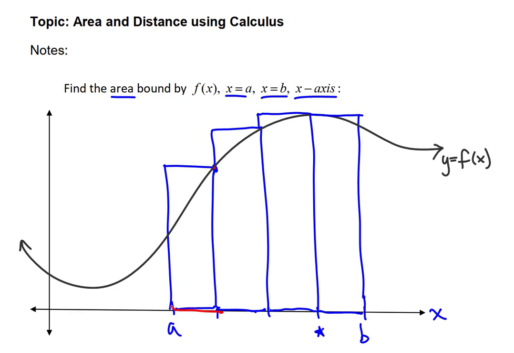So from A, I'll go straight up until I hit the function, stop there, and then go over to make a rectangle, and then finish going down for that first interval. So now the estimate for the area is too low because I have all kinds of space below the curve that's not included with the rectangle.